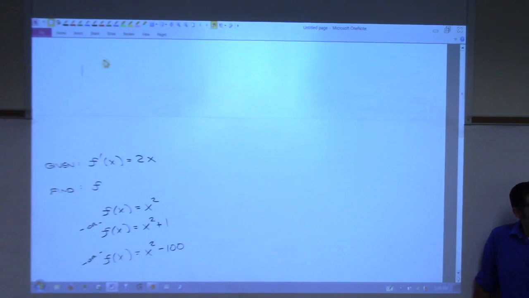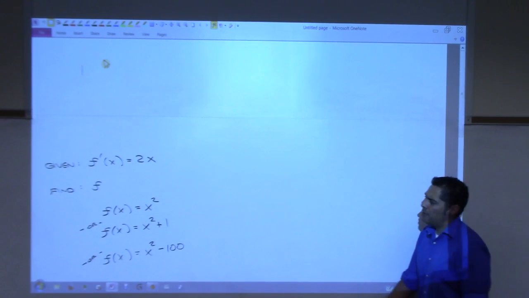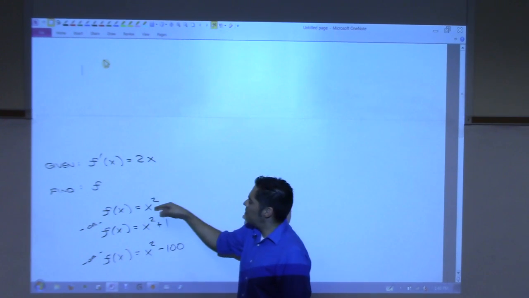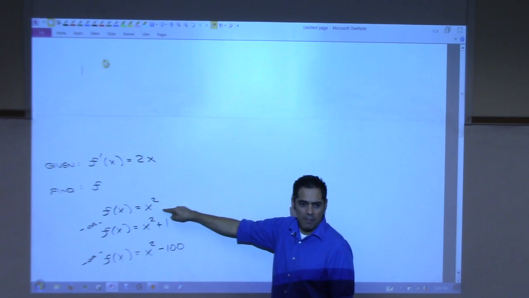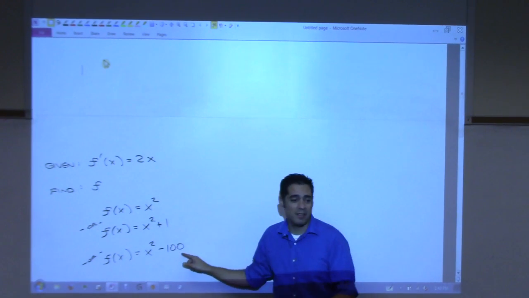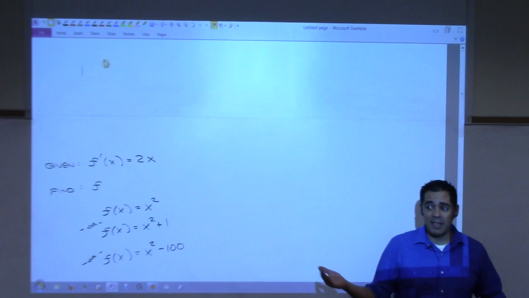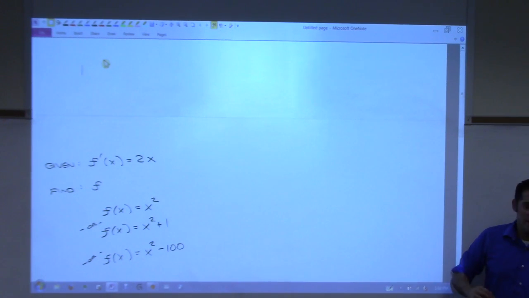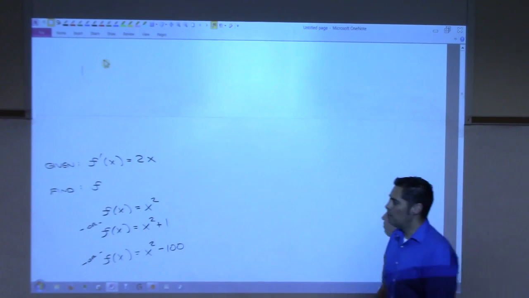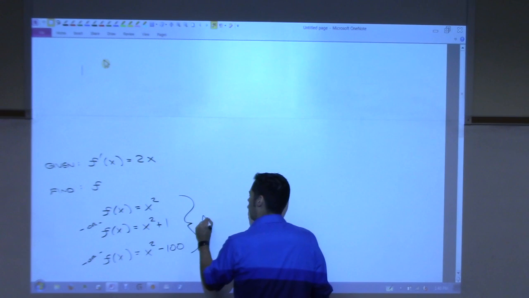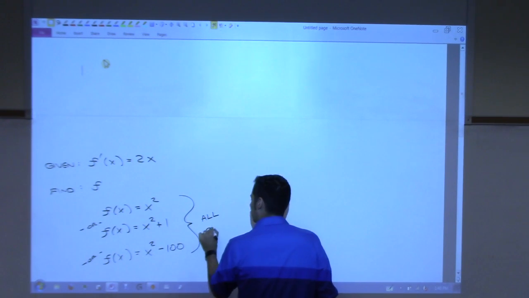Do y'all see that? If you're given that the derivative of a function is 2x, the obvious answer is that the original function must have been x squared. But it could have been x squared plus 1, x squared minus 1, x squared plus 100, minus 100, x squared plus any constant, in fact. Those would have worked. These are all solutions. These are all correct.